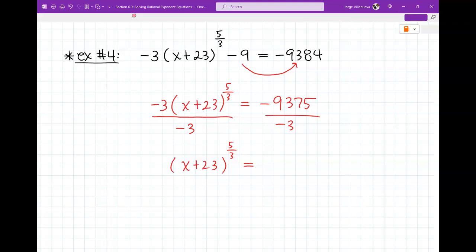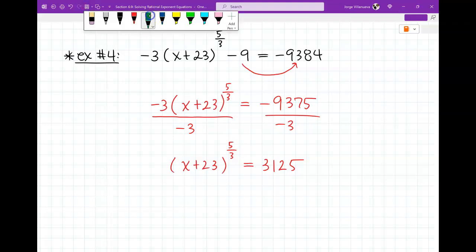Yes, this is divisible by 3. 125, you said? Yeah. All right. Now I notice that my term is isolated, right? It's x plus 23 all to the 5/3. So I'm now going to use my power principle to raise it to what power? The 3/5. Yeah, 3/5. So let's raise it up to the 3/5.